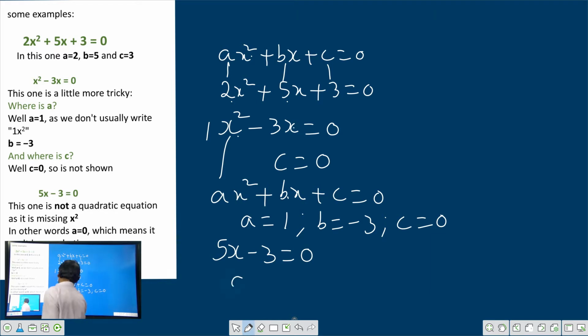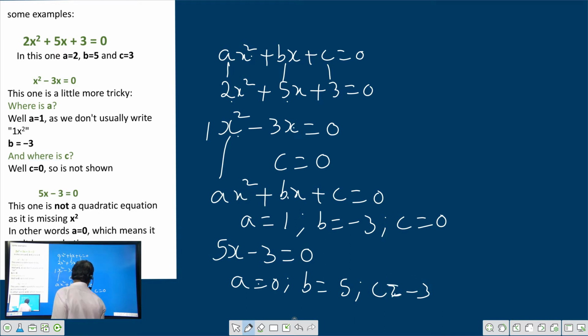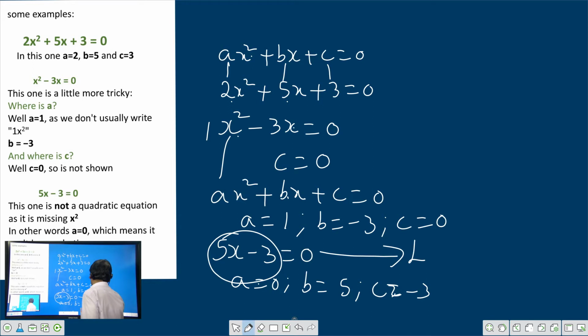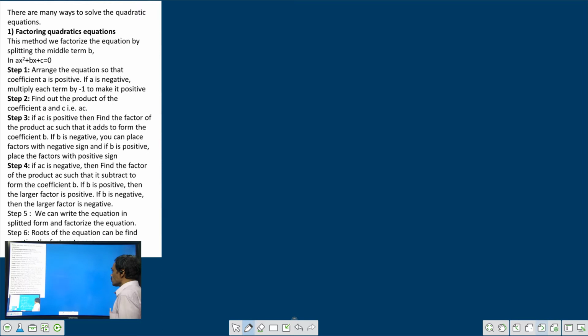That means a is equal to 0, b is equal to 5, c is equal to minus 3. It won't come under a quadratic one because it is a linear one. 5x minus 3 is a linear equation. These are some of the examples, so we will go further.